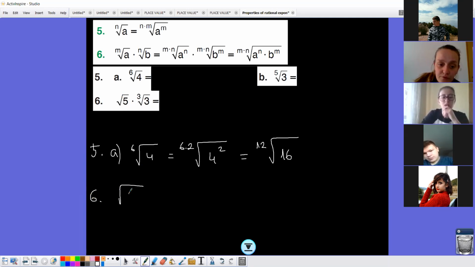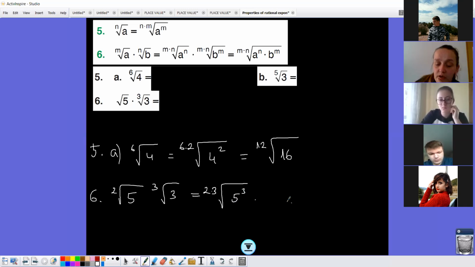This is square root of 5, so it means that you have a 2 here that is not written. And this one is cube root of 3. I want to make both of them have the same radical sign. So this one will be 2 times 3, and this one will be 5 cubed, and 3 times 2, and this one will be 3 squared.